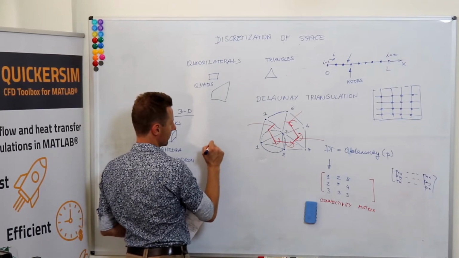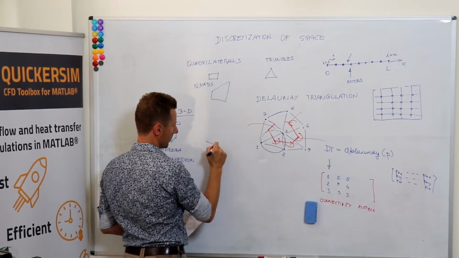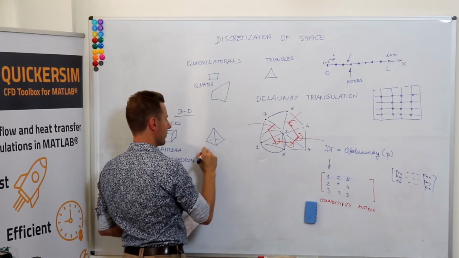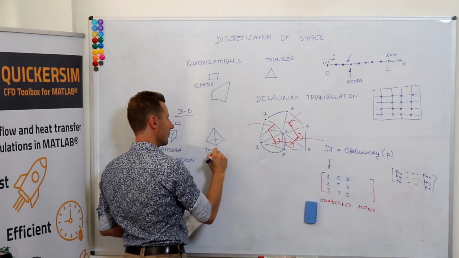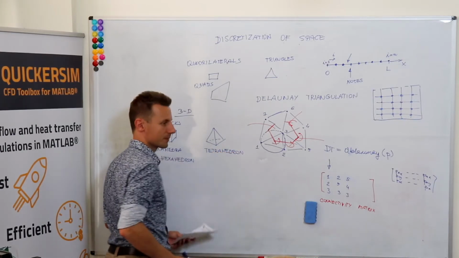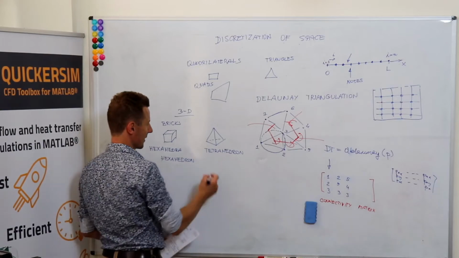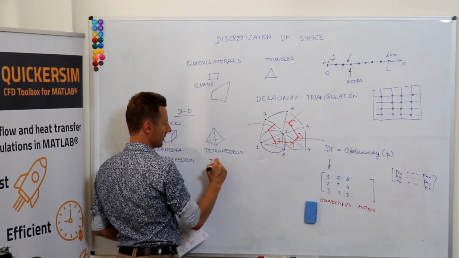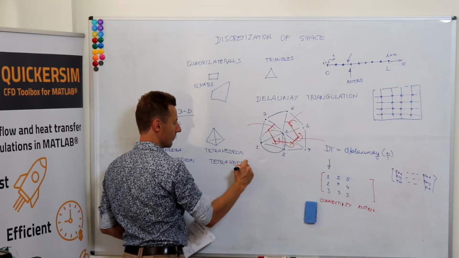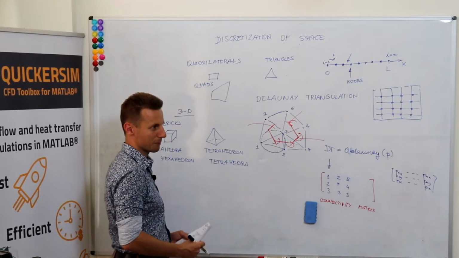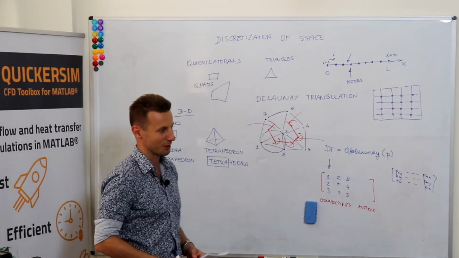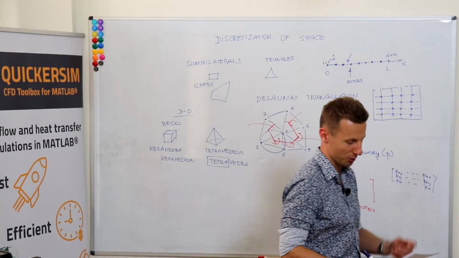Then the other type, tetrahedron, in plural tetrahedra. So generally tetra mesh. Yeah, in Quickersim notion, tetras. Not only at Quickersim, I think most people call it tetra.